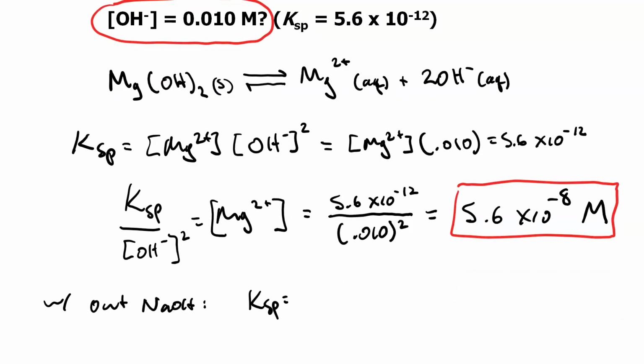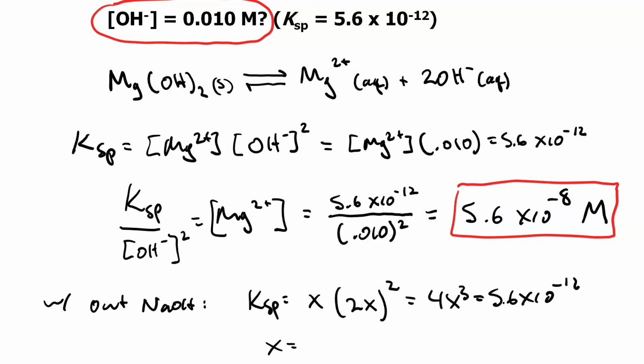So without adding the NaOH, we'd use x for the concentration of Mg2+ in our KSP equation, and we'd use 2x for the concentration of OH minus in our equation, and then we'd square it, which would give us 4x cubed equals 5.6 times 10 to the negative 12th.